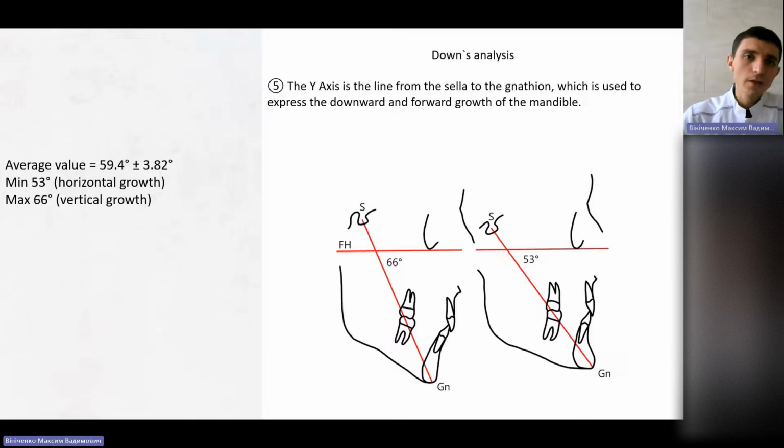The y-axis is the line from the sella to the gnathion, which is used to express the downward and forward growth of the mandible. We will use this analysis in growing patients if you need to understand where the mandible growth would be.